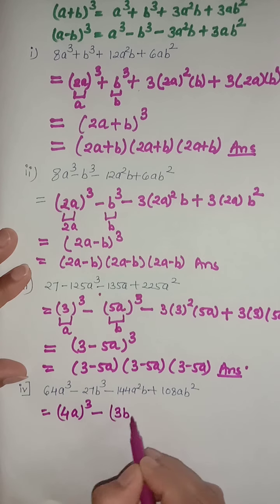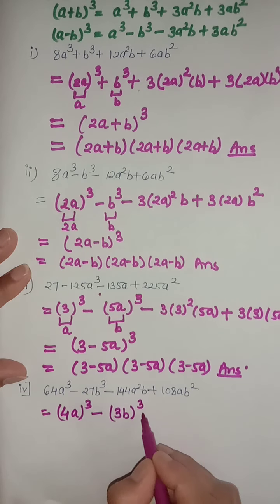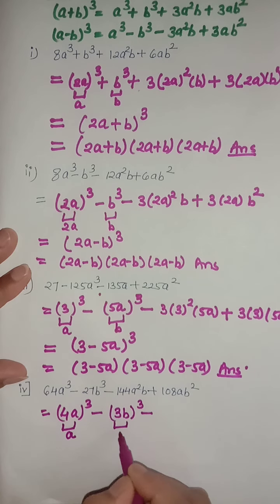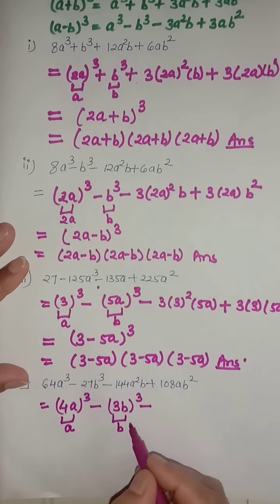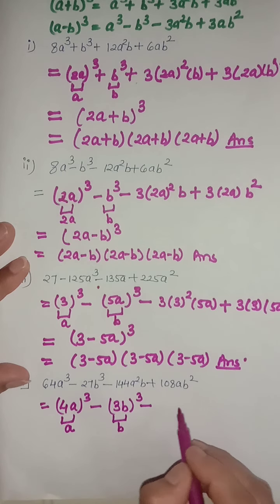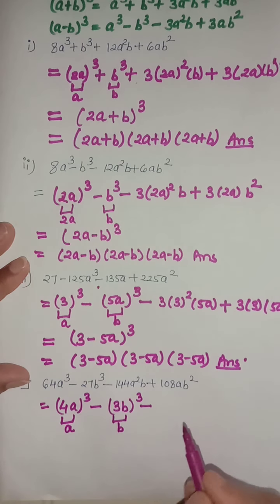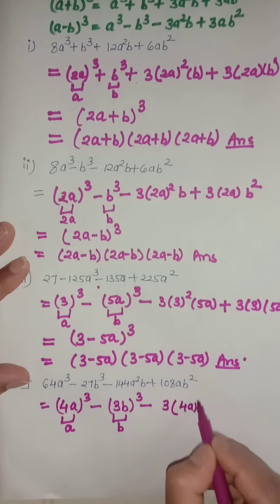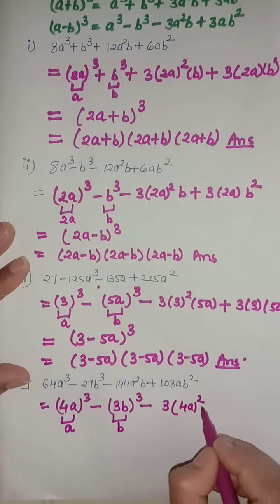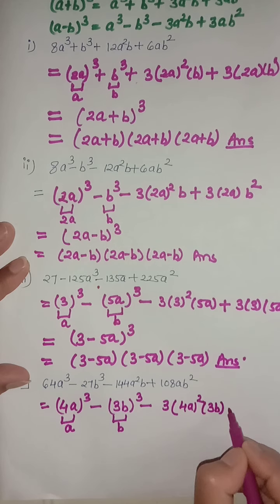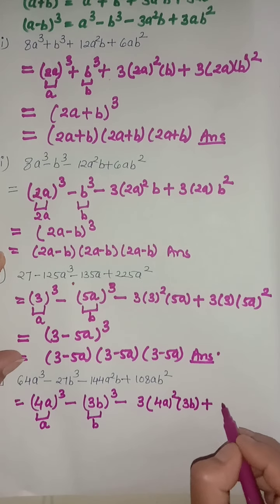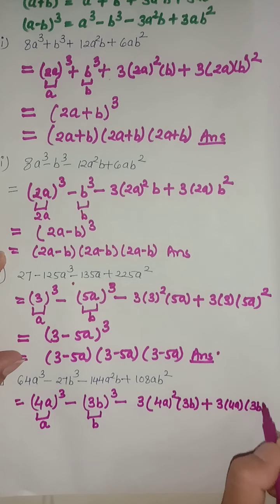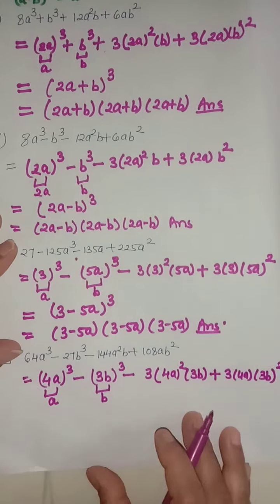How will we break this? 3b whole cube. Here the value of a is 4a and the value of b is 3b. In the next step we have to break it into the form 3a square b: 3 into (4a) square into 3b, plus 3ab square: 3 into 4a into (3b) whole square.